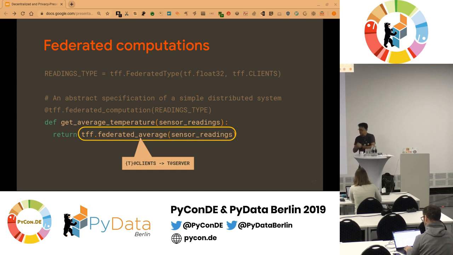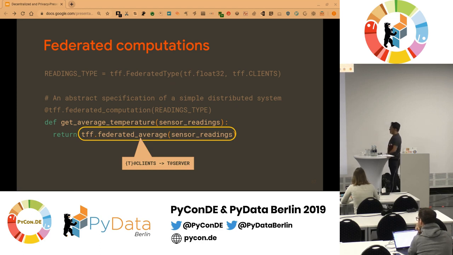So this whole representation about the protocol, about the clients communicating those temperatures and the server actually computing an average, is expressed in those three lines of code, essentially, right?